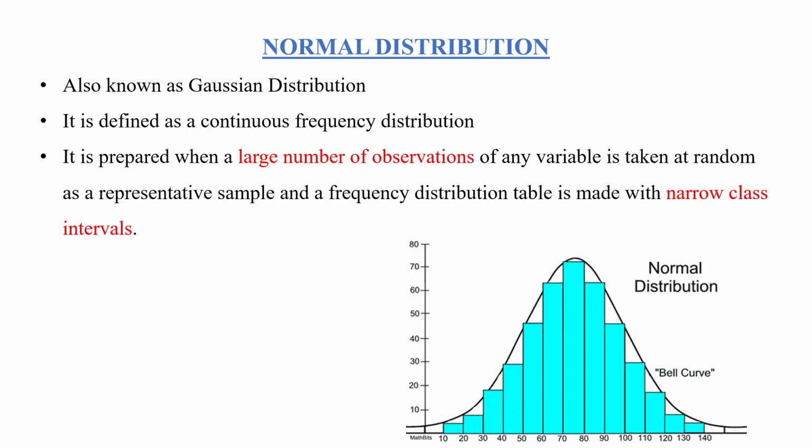Say for example, hemoglobin levels in a class of 250 MBBS students. A blood sample is taken and serum hemoglobin level is checked, and those hemoglobin levels are drawn on the x-axis. In the y-axis, how many students have that much hemoglobin.